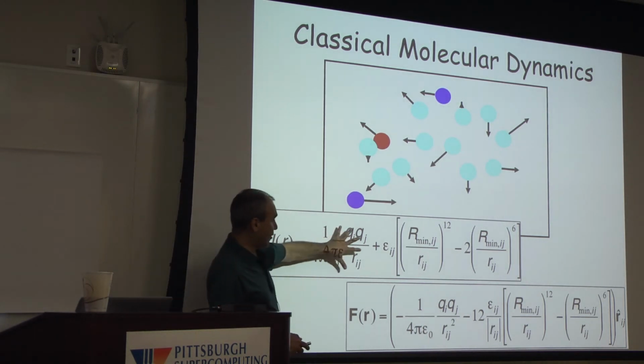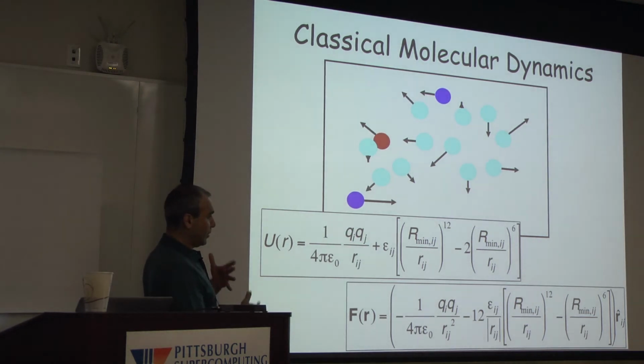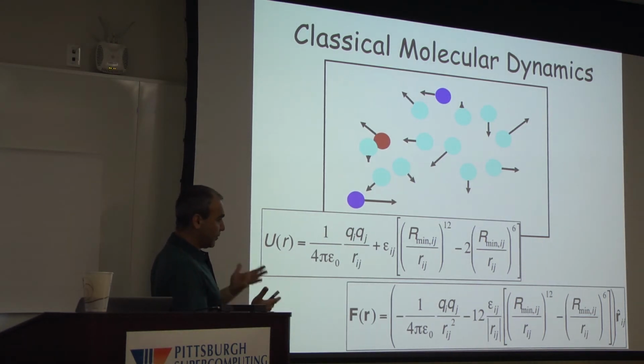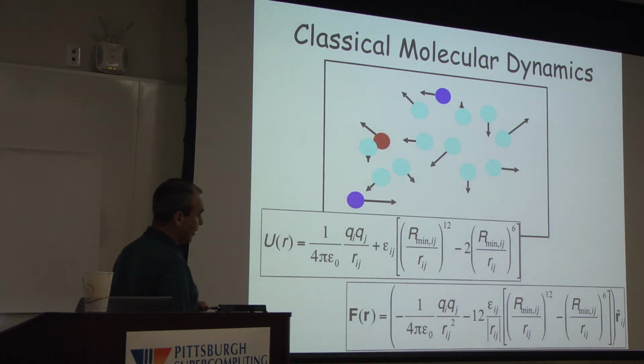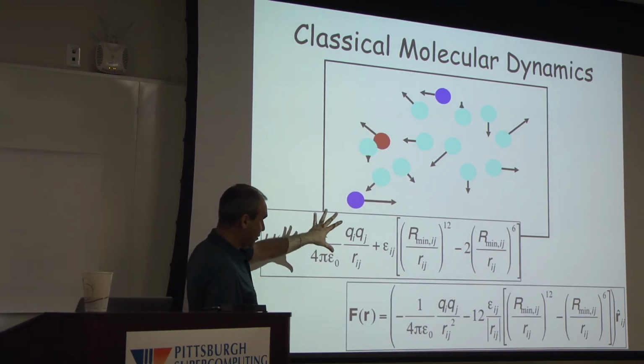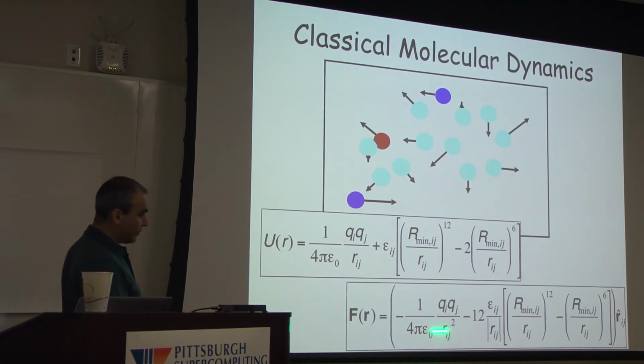That would be the interaction energy. If the charges are alike, it would be a positive value, repulsion. If the charges are opposite, then you get attraction between the two particles. So these are non-bonded interactions. And of course, when you have the potential energy, you can take the derivative, a very simple operation. It becomes a vector, of course, and that gives you the force.